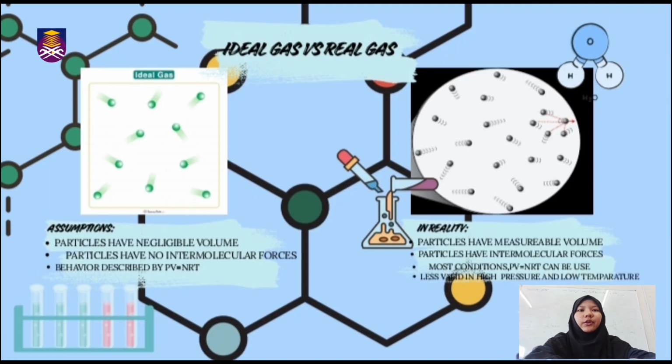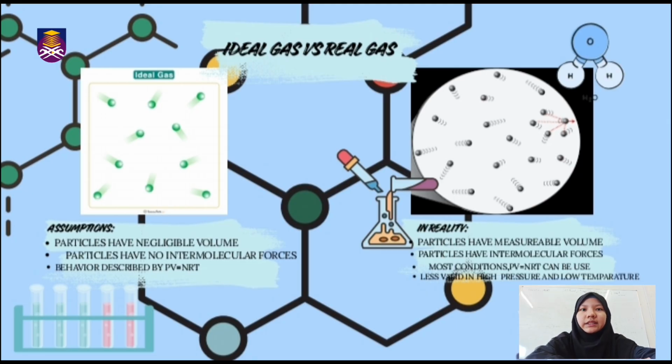So here we're going to talk about the assumptions made from the kinetic molecular theory versus the real gas. The assumptions said that particles have negligible volumes, but in reality particles are actually measurable in volume.